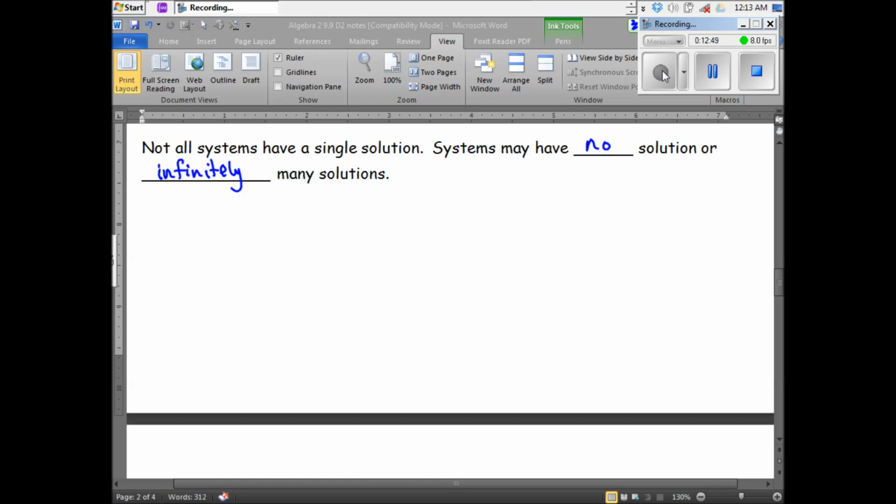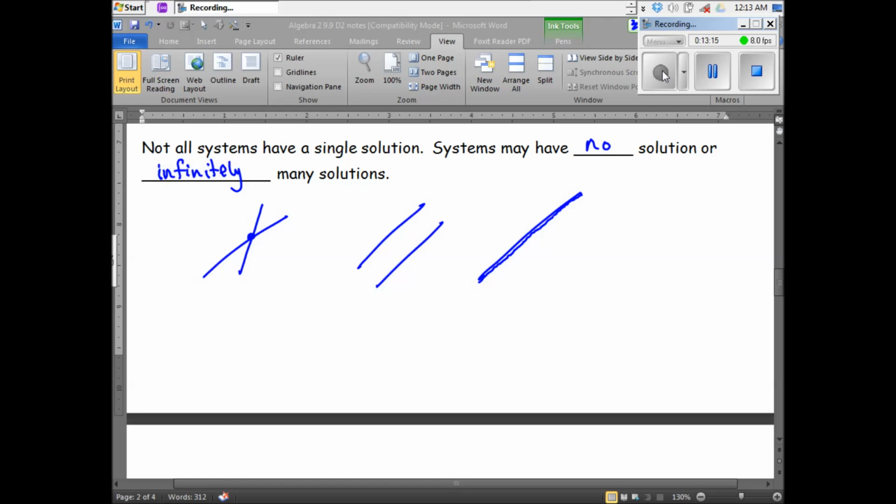Remember the scenario with the lines? You can have 2 lines that cross once. You can have 2 lines that don't cross at all, no solution. Or you can have 2 lines which are actually the same line. Maybe the 2 equations looked different, but they were really the same equation in disguise.